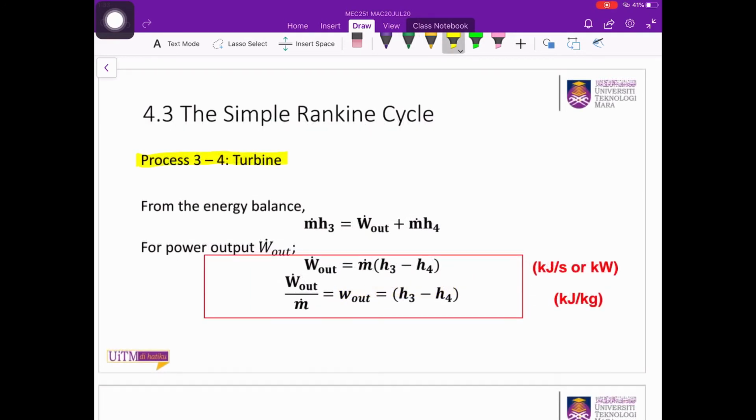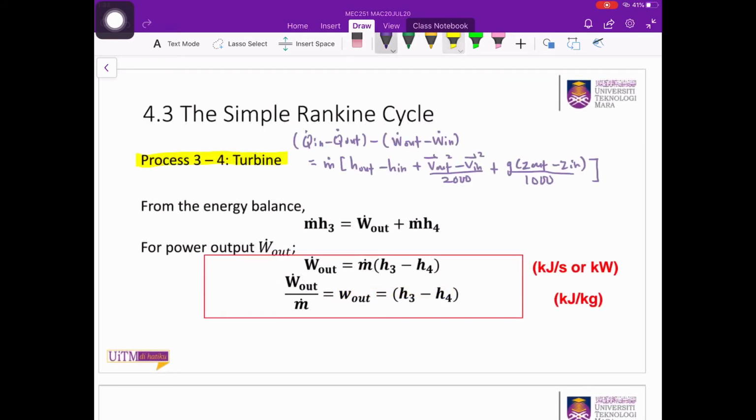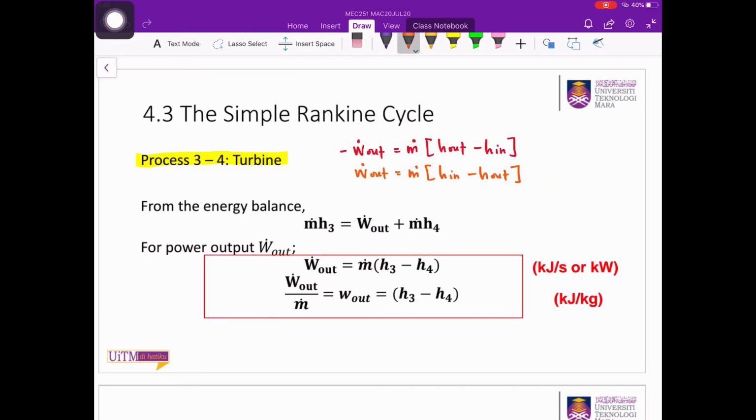For process 3 to 4 at the turbine, from the steady flow energy equation, we can neglect the terms heat transfer rate, kinetic energy, and potential energy based on our assumptions. Since the turbine is producing work, the term power in can be cancelled. Our steady flow energy equation for process 3 to 4 will become this equation.